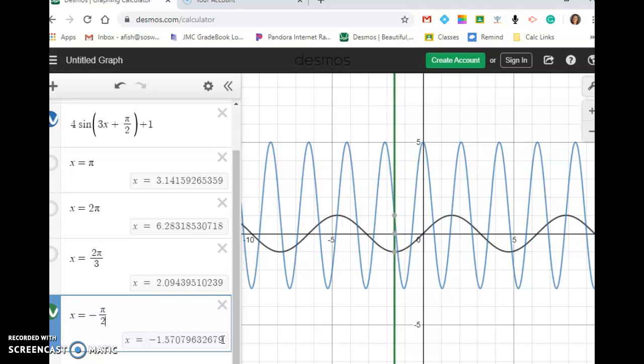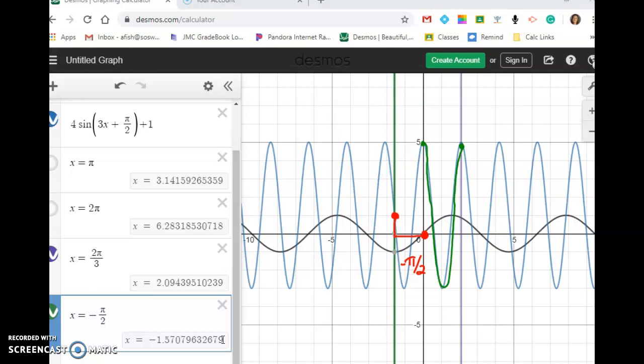So notice this point here is supposed to represent where my starting point is. So that point there shifted it left. It shifted it left negative pi over 2. And then last but not least, looking at our complete wave, you guys can see on this graph from here to here, I completed one whole wave.